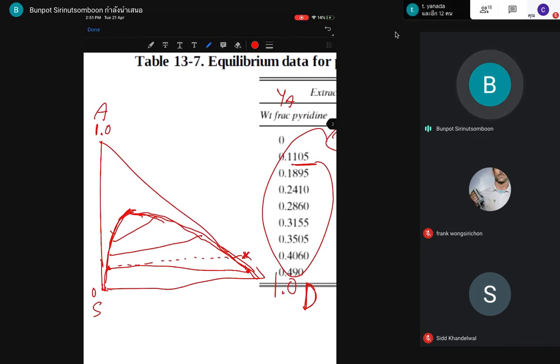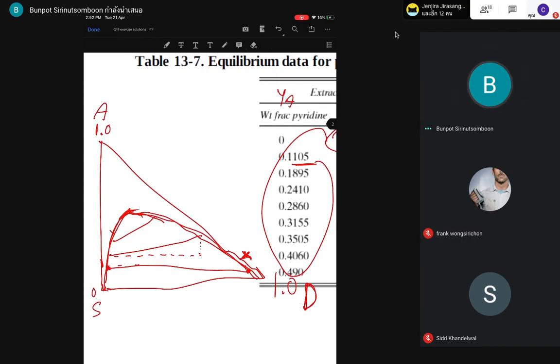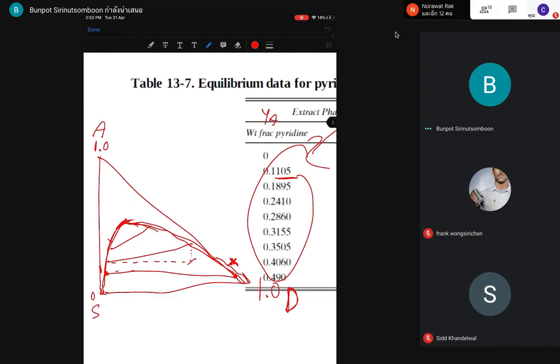So this is one point I got from this tie line. For the next tie line, I find another conjugate point, which is this one right here.